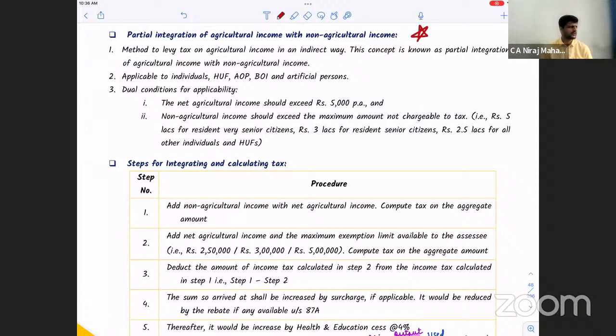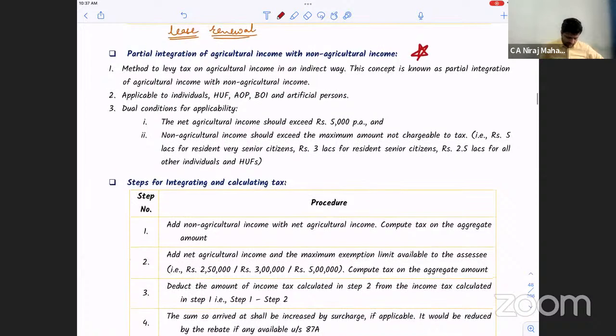Now check one of the very smart moves played by the income tax department. Because the constitution says what? What you have to exempt? Agricultural income. You cannot tax it. What if an assessee is earning agricultural income along with non-agricultural income?